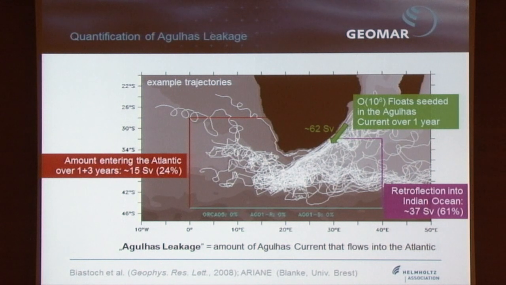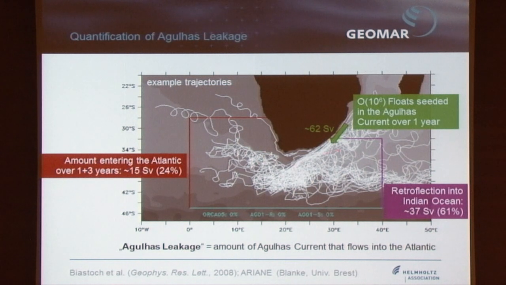So we had a three-dimensional velocity block of the model at every 5-day time step, and we seeded virtual floats. This has been done before, also by seagoing oceanographers, but of course in a limited number. In a virtual framework, in a model, you can seed millions of floats. And every one of these floats is capable of representing a certain portion of the Agulhas current.